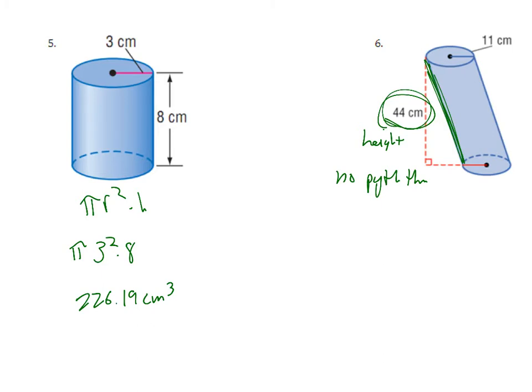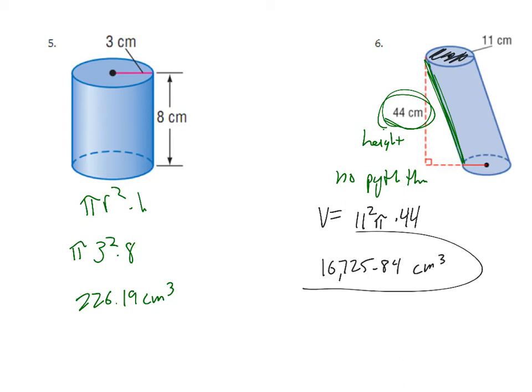So to figure out my volume, I'm going to take 11 squared times pi, because that's the area of this circle, times 44. So when I multiply all that together, that's going to be 16,725.84 centimeters cubed. That's going to be my answer.